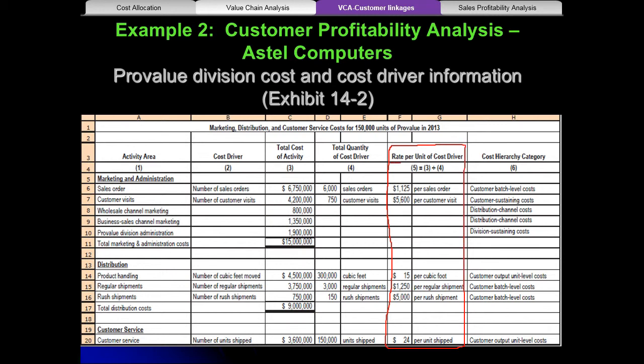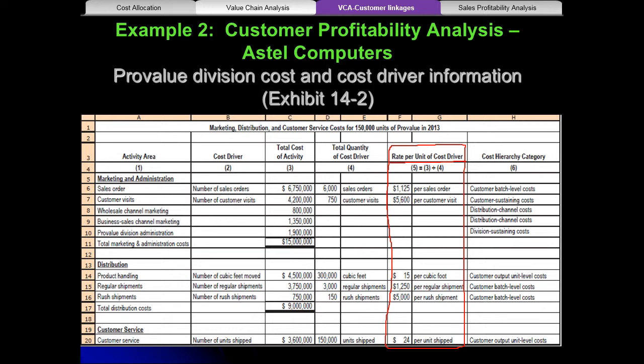This is what we're going to use as the basis for allocating different costs to your different customers based on how much they use each of the resources.